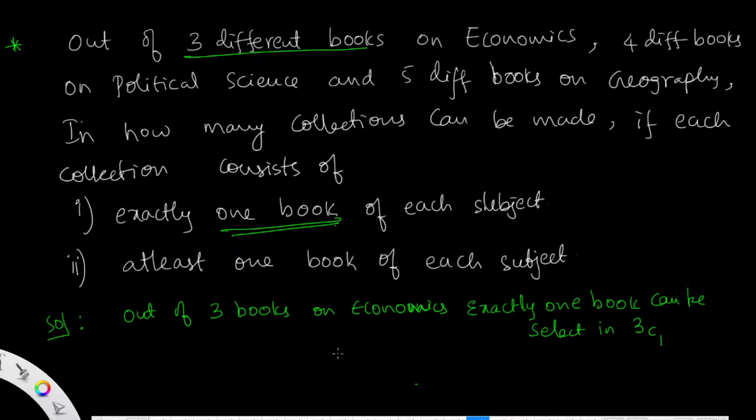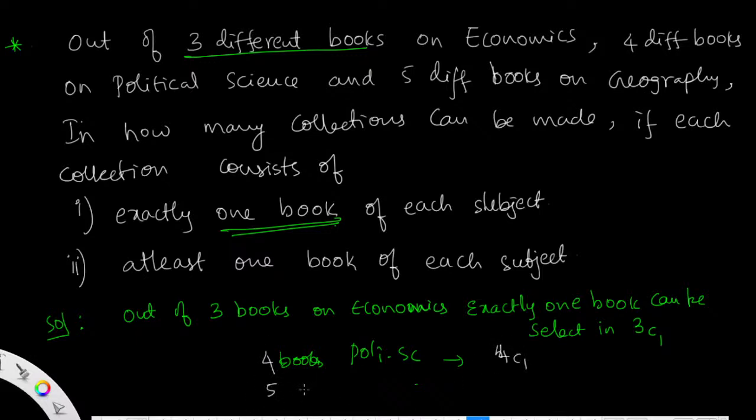And similarly, political science, 4 books are there, so we can select in 4C1. Political science number of books are only 4 books. This can be done in 4C1.